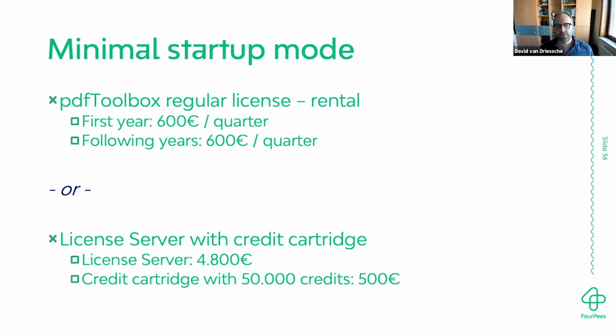And that still gives you a full pdfToolbox regular license, so 8 parallel processes. That means you can process quite a few files with that, and it costs you only 600 euro per quarter. So in the long run, it is more expensive. That's what we said: after a year, I think 2.5 to 3, it starts getting more expensive.